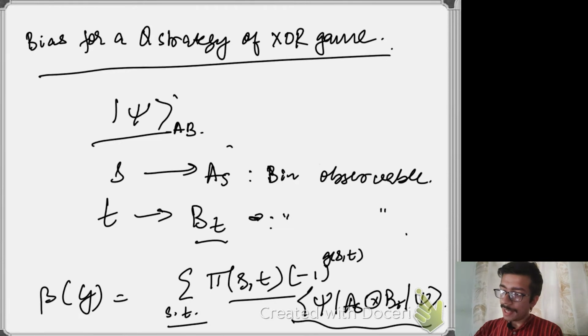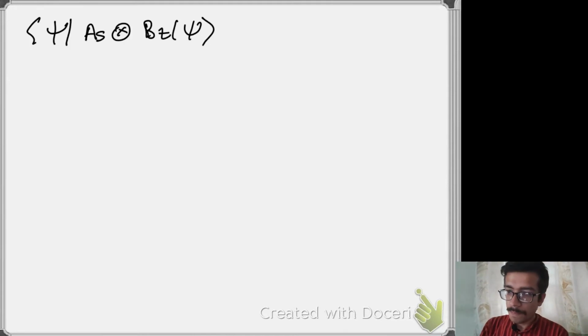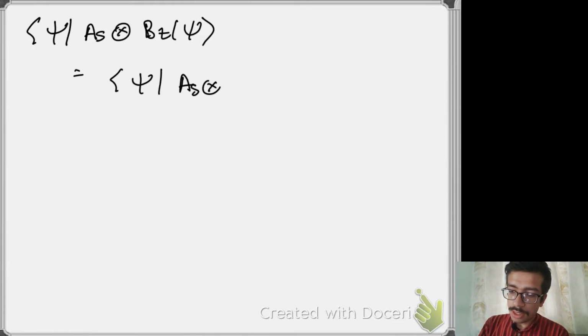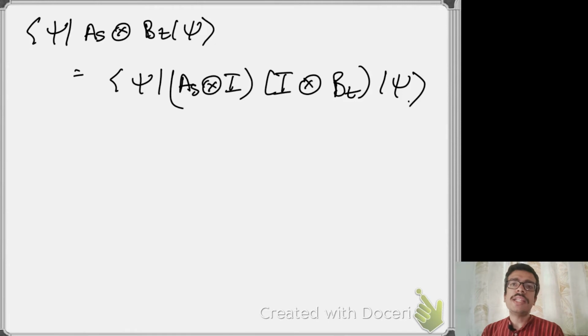Now in order to analyze this, what we'll do is that we'll separate this term into two parts. So what do we write? We write bra psi, A sub S tensor B sub T, ket psi as bra psi, A sub S tensor I, times I tensor B sub T, ket psi.